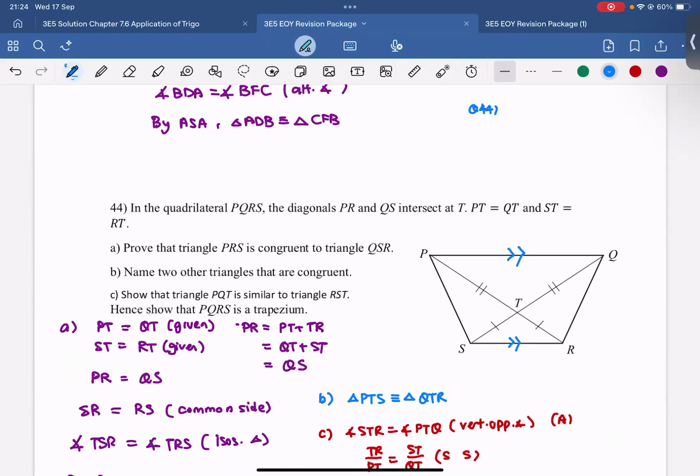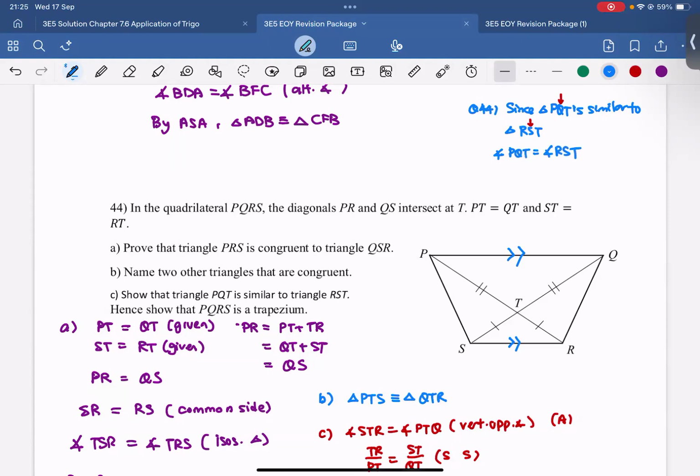Okay, I write the answer here. First thing first, since triangle PQT is similar to triangle RST, we will know that angle PQT is equal to angle RST.